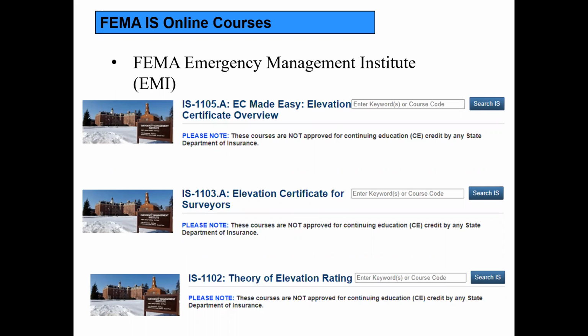The 1103 for surveyors is less outdated because it's more about just how to fill these out. And obviously this is still what we use for compliance. It's less about insurance focused information. And so it's mostly about your role in filling these out or reviewing them. It's helpful for that too.